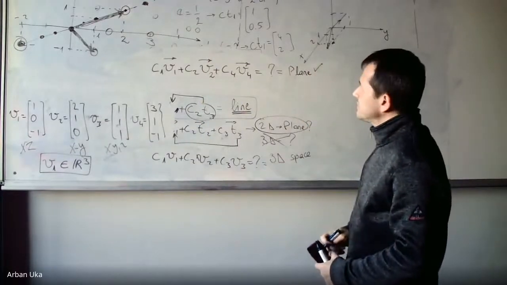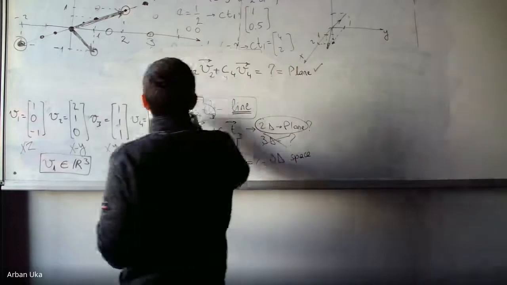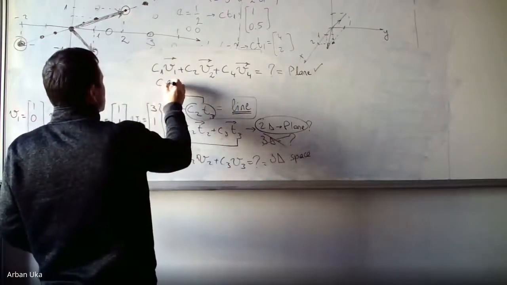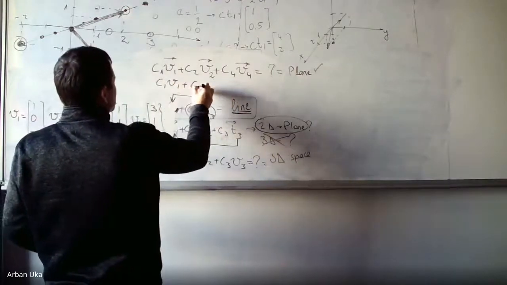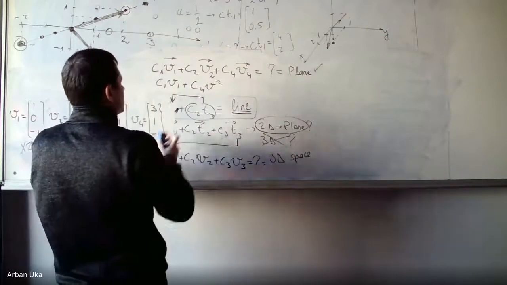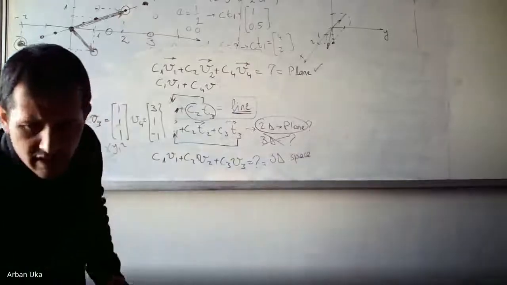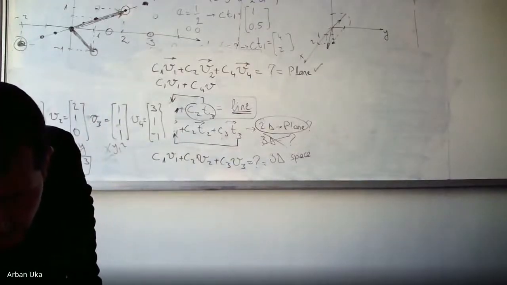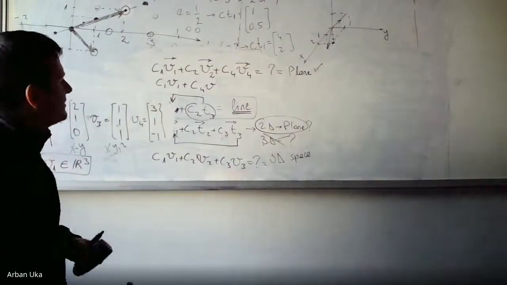That's good. What about this then? What is C1 V1 plus, let's say, C4 V4? For this, let me ask Ardrisa.